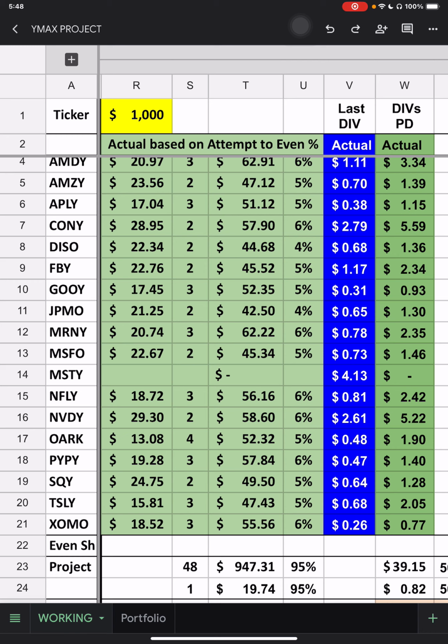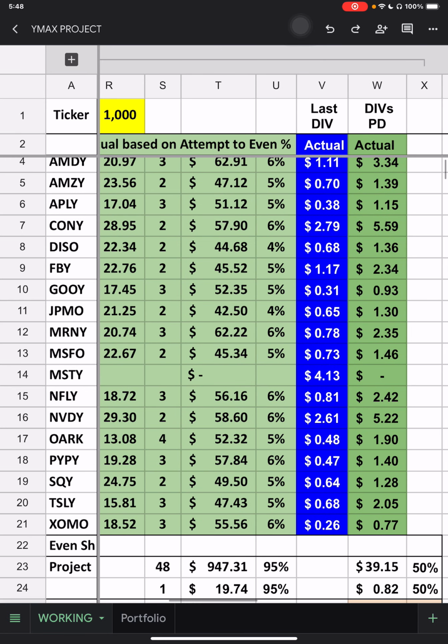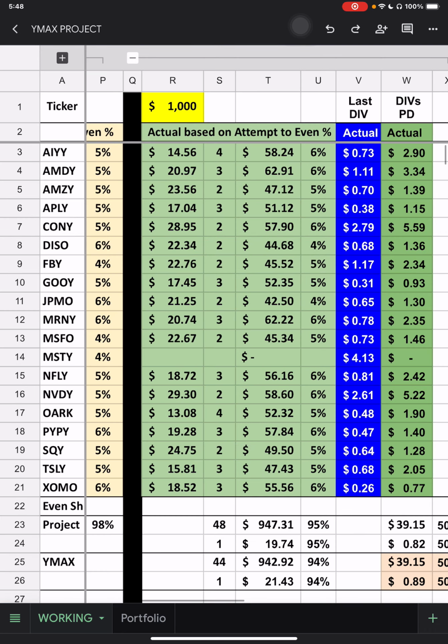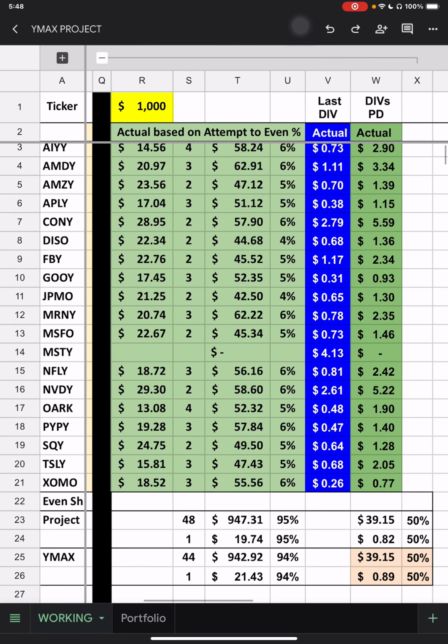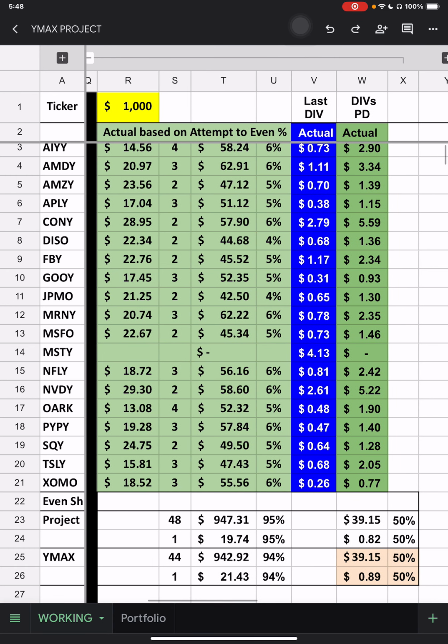Now, if I wanted to break that down by how much I paid a share or received a share, 1 share of this would have been $19.74, which was 95% of the funds, and my distribution ended up being on average 82 cents. So the yield on cost here is 50% for this. Now, obviously we don't have the distribution for YMAX yet, right?